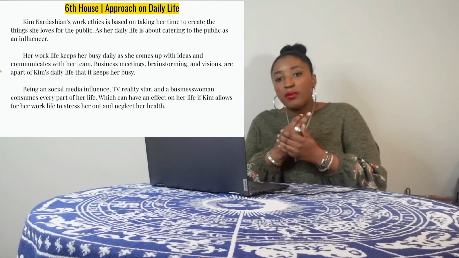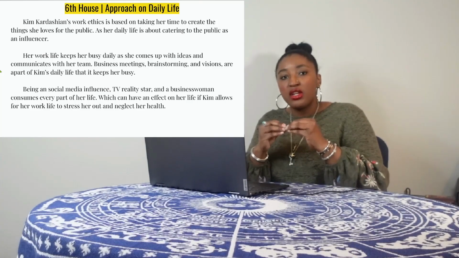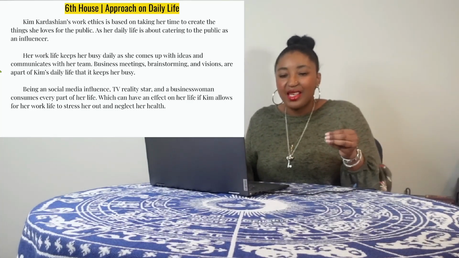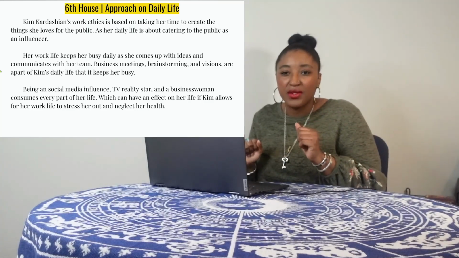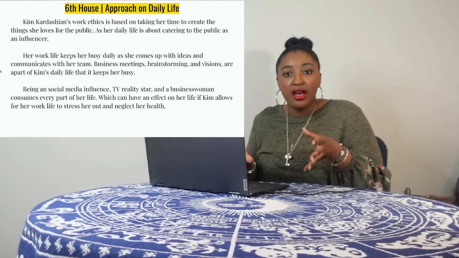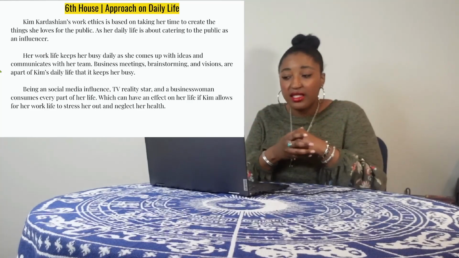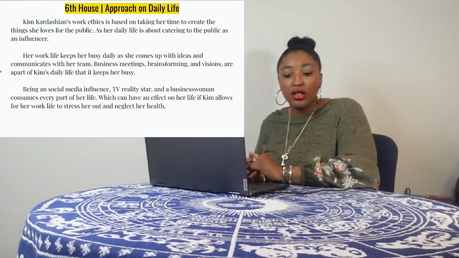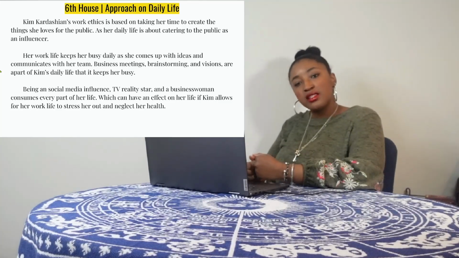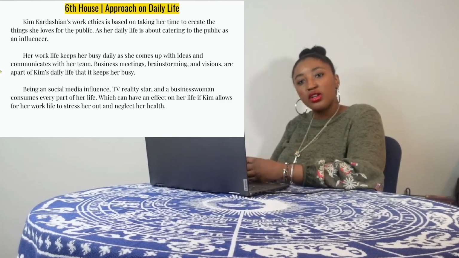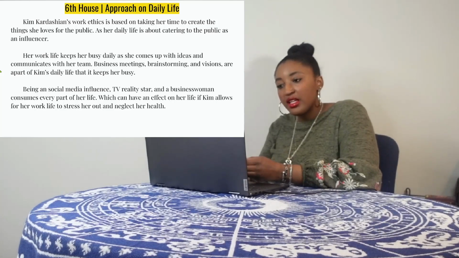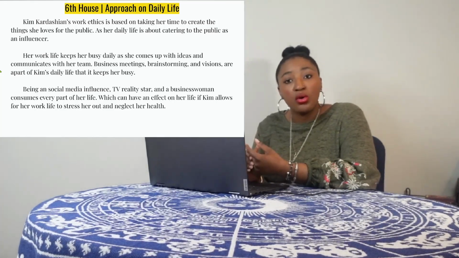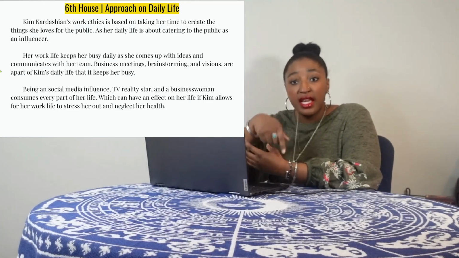Something about Kim, about being on top, that she holds dear and precious to her, probably because she knows when you're at the top, when we get back to the 10th house. Being at the top represents the status, and if the status can give you this, then she's all about it. And I hate to say that Kim's like greedy, money hungry, but when you look at it, she has an earth sign in her 6th house, which is Taurus, and Taurus rules the 2nd house.